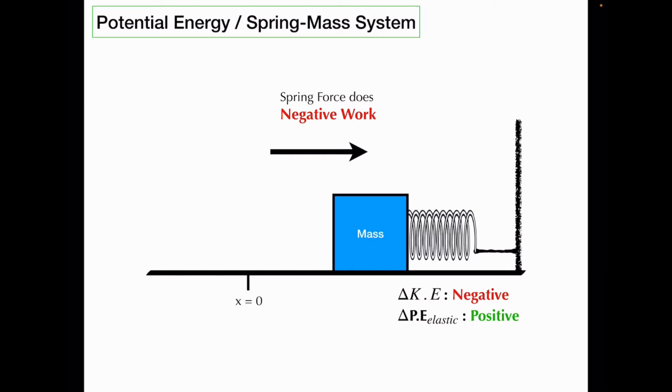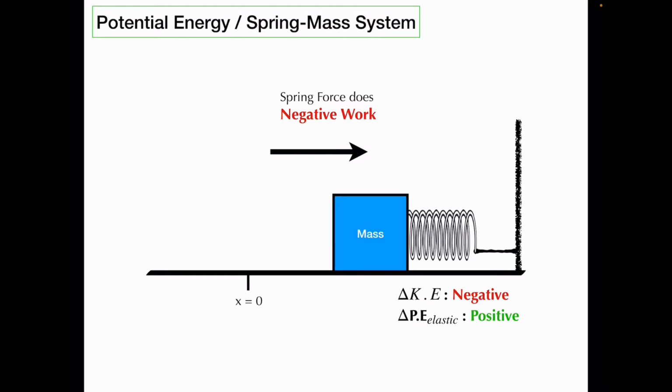Therefore, the work done by the spring force will be negative because the direction of the object's motion is against the direction of the spring force. During this compression, the kinetic energy has decreased and more potential energy is stored in the system, which will be released once we let it go.